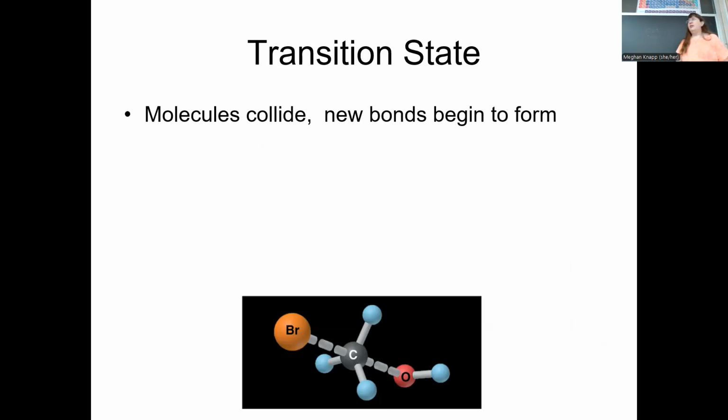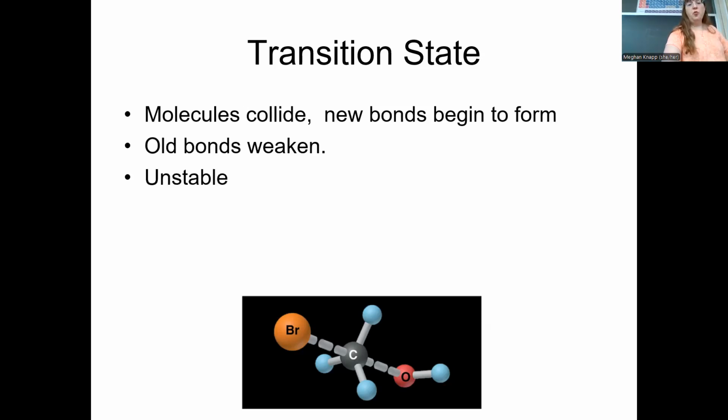So we have dashed lines on that molecule because we're starting to break bonds. It's not quite broken yet. They're still kind of attached, and we're starting to form bonds. Okay, so the old bonds are weakening, the new bonds are starting to form, and we've got an unstable molecule.